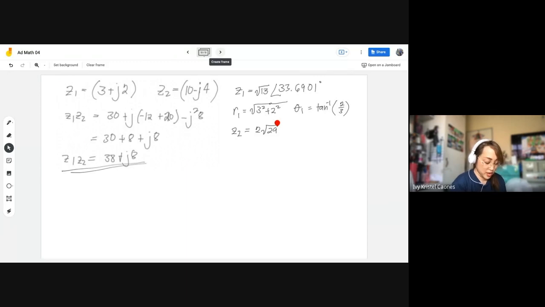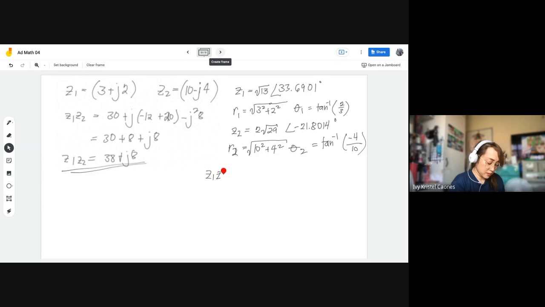Then theta 2 is equal to arctangent of negative 4 over 10. That is in quadrant 4. You have to visualize it. Where is the location? Negative y and positive x. So yes, negative 21.8 degrees.